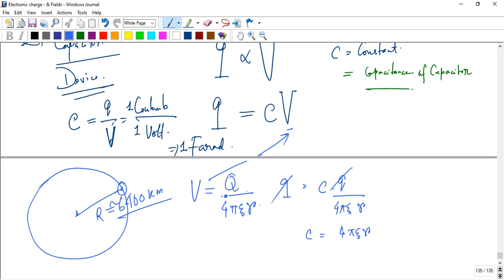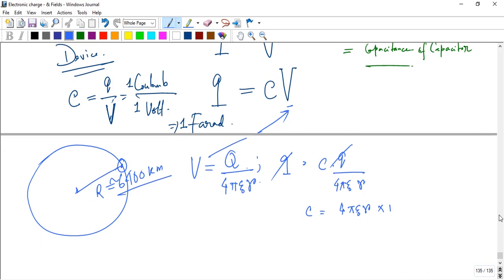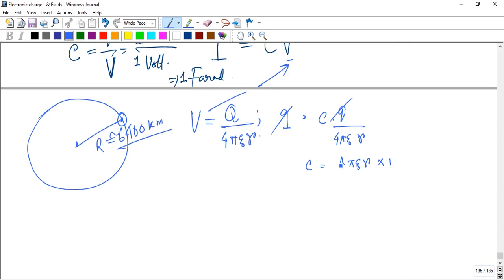And you know 4 pi epsilon naught is equal to 1 over 9 into 10 to the power 9, and the radius of Earth is 6400 kilometers, now convert into meters.